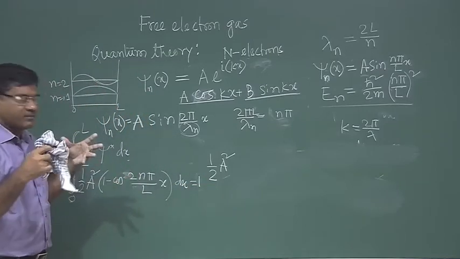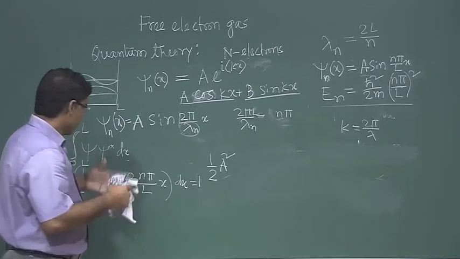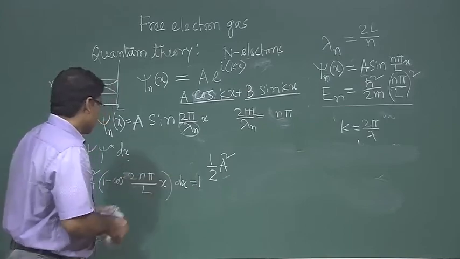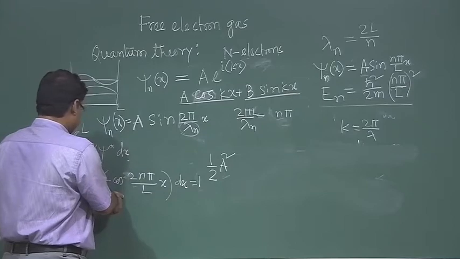The probability to find the particle within the whole range, within the whole box, will be 1. That is the condition of normalization.